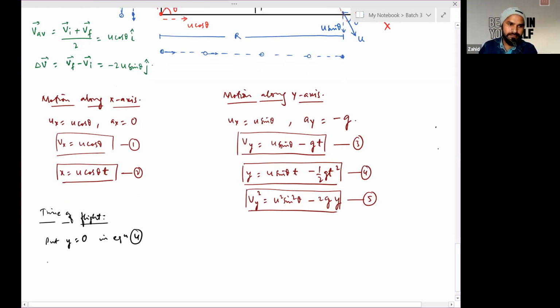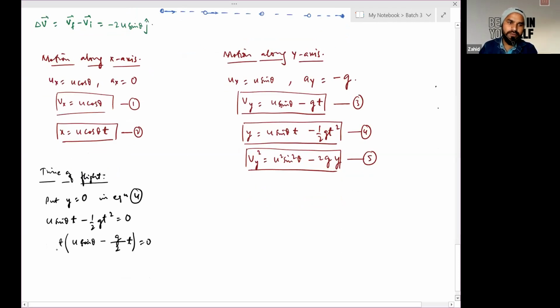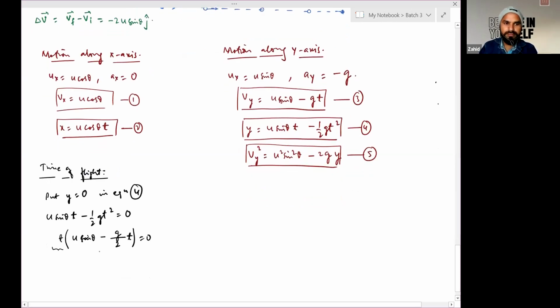You will get u sine theta t minus half g t squared equals 0. If we take t out as common, you are left with u sine theta minus g over 2 times t equals 0. Putting each term equal to 0, you get t equals 0, and t equals 2u sine theta divided by g.